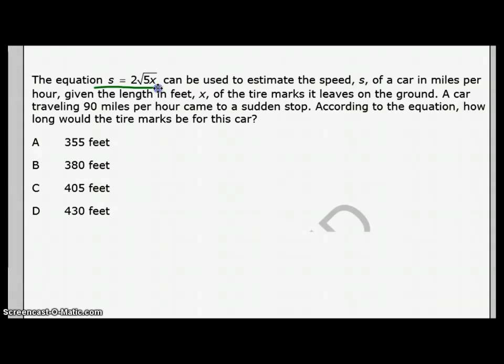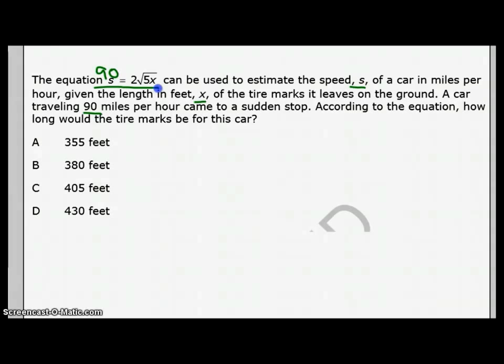You see a lot of these on the state tests where you have an equation in two variables, this one being s and x, and you're given the value of one of the variables. And so you're asked, if s is 90, what does x have to be to make that expression equal 90?